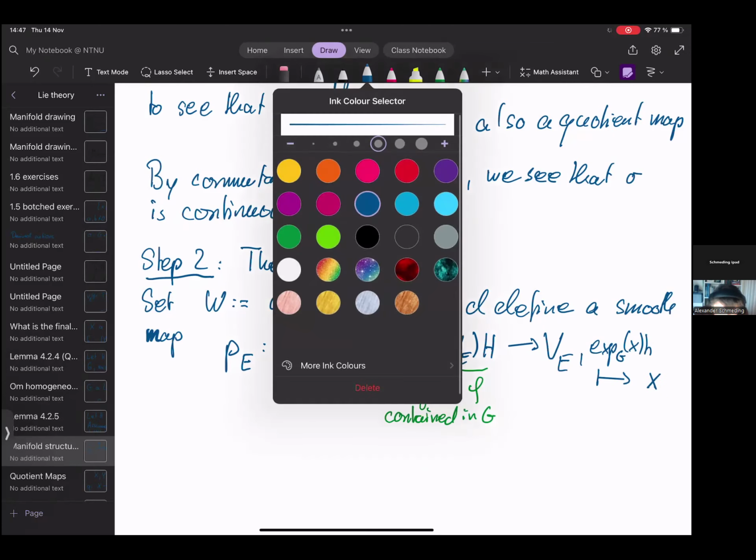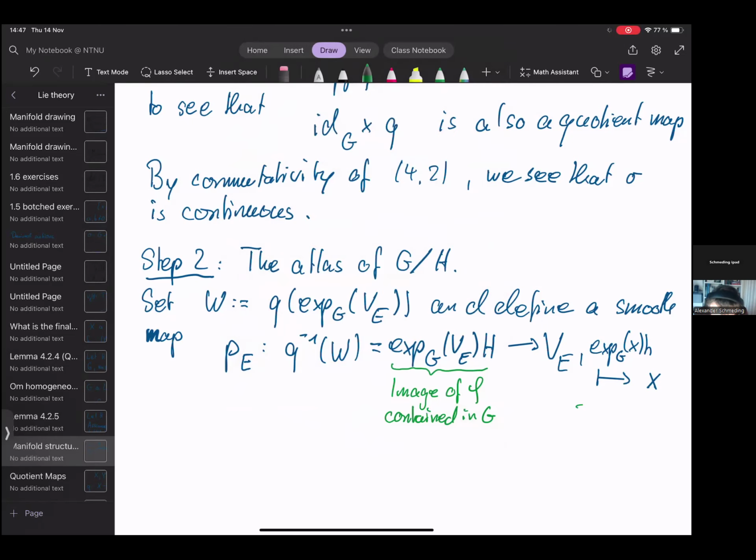So this makes sense since phi is a diffeomorphism by our construction. Okay, great. So first of all, this makes sense.